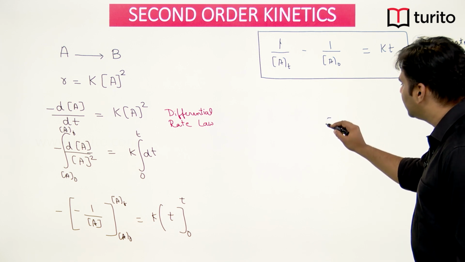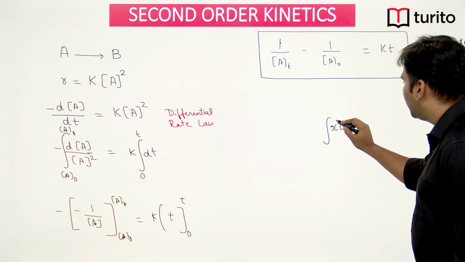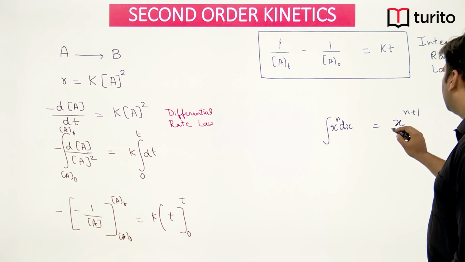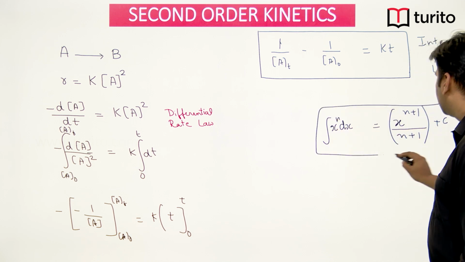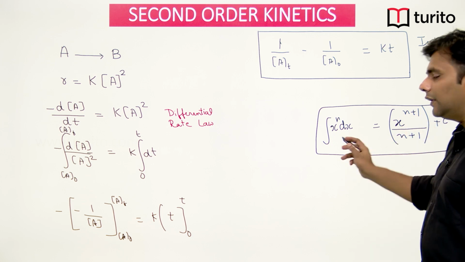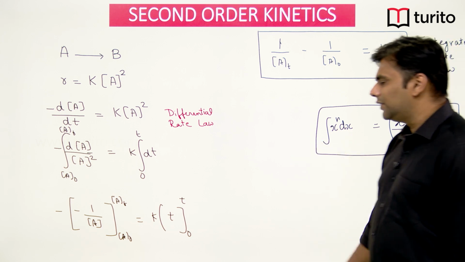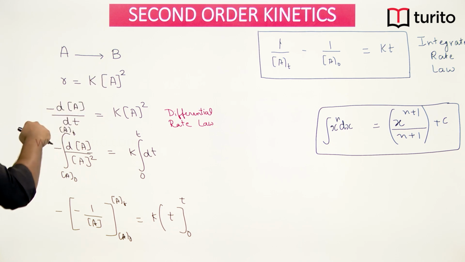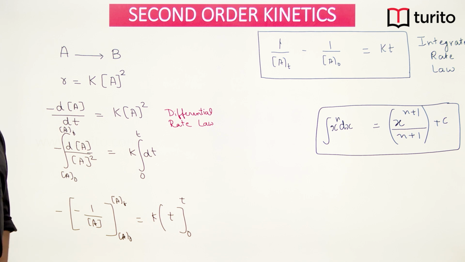Basically we are using the fact that the integration of x raised to power n is always x raised to power n plus 1 upon n plus 1, plus a constant C because it is an indefinite integral. This is a definite integral, so the constant term doesn't come in. That is the basic of integration. So this can be written as A raised to minus 2, so this is minus 2 plus 1 divided by minus 2 plus 1. That's why a minus sign came over here.